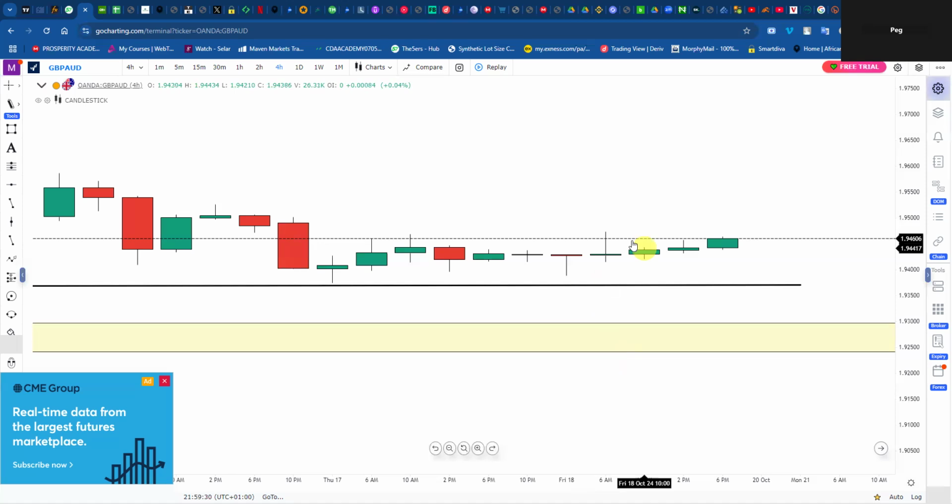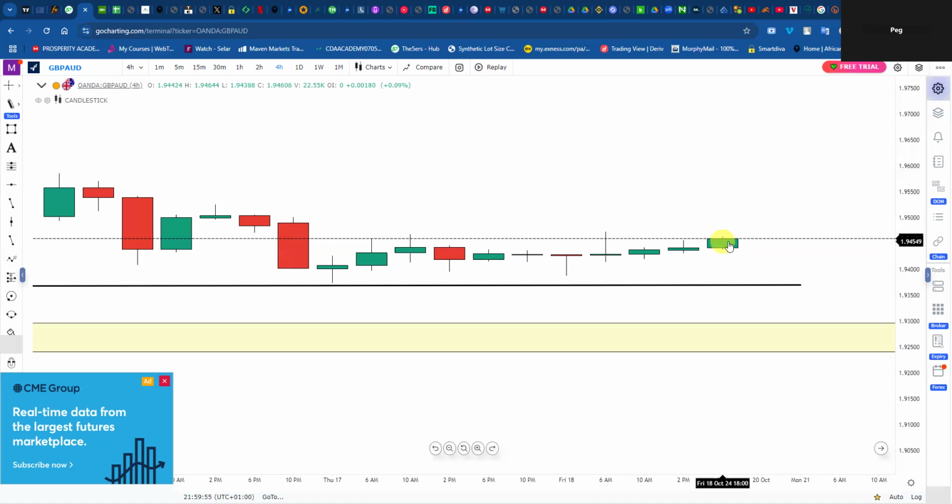Okay. This one, look at this candle. This is an indecision candle, but a large part of it is still bearish. This one is a bullish candle, but the buying pressure is not much.